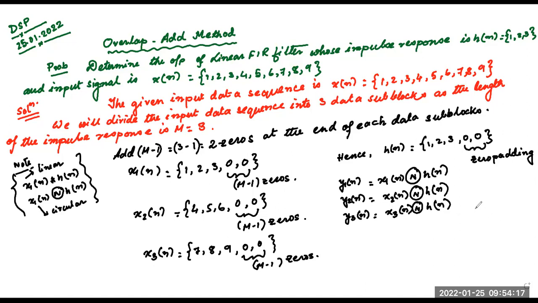You know how to do circular convolution in the matrix method, so I am not going to explain the method again in this class because it is the longest process.